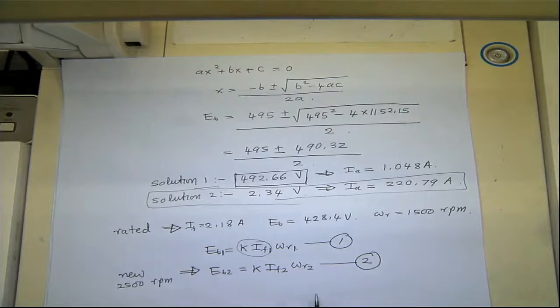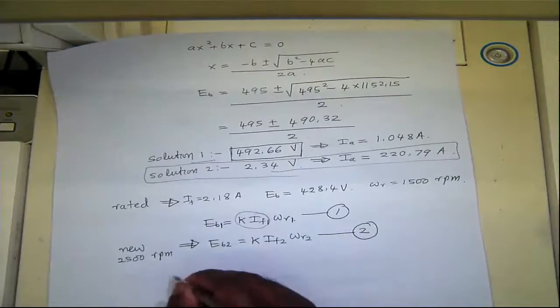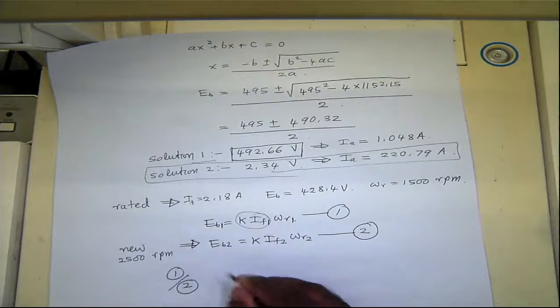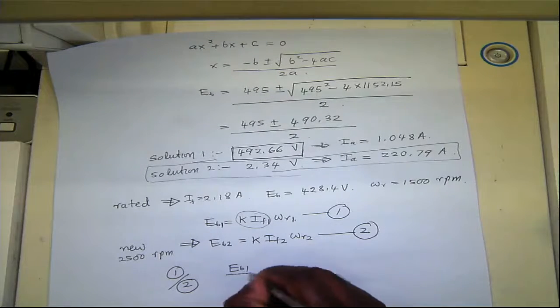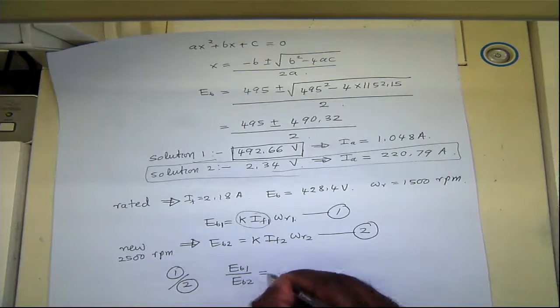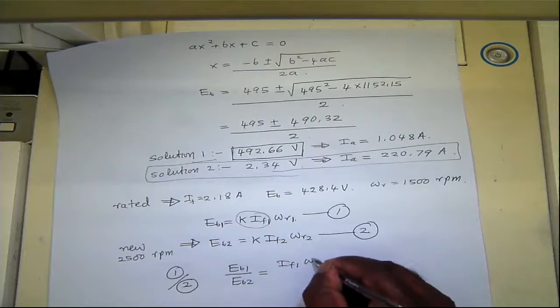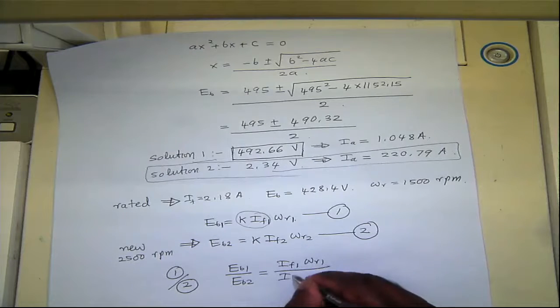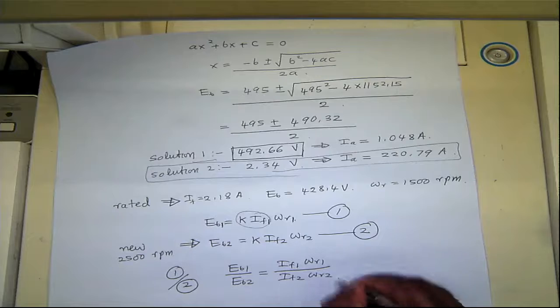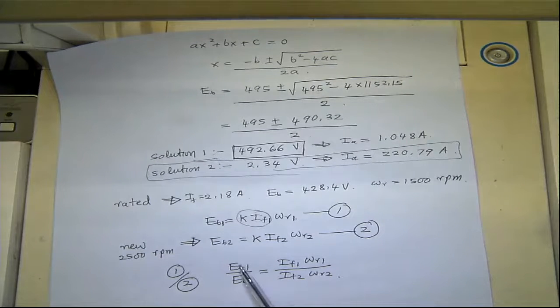Now if you divide these two together, you'll have EB1 over EB2 is equal to IF1 omega R1 over IF2 omega R2. So this is the rated back EMF, the new back EMF which we calculated here, the old field current, and the new field current, this is the one we want to find out. And this is the old rated speed, and this is the new speed.